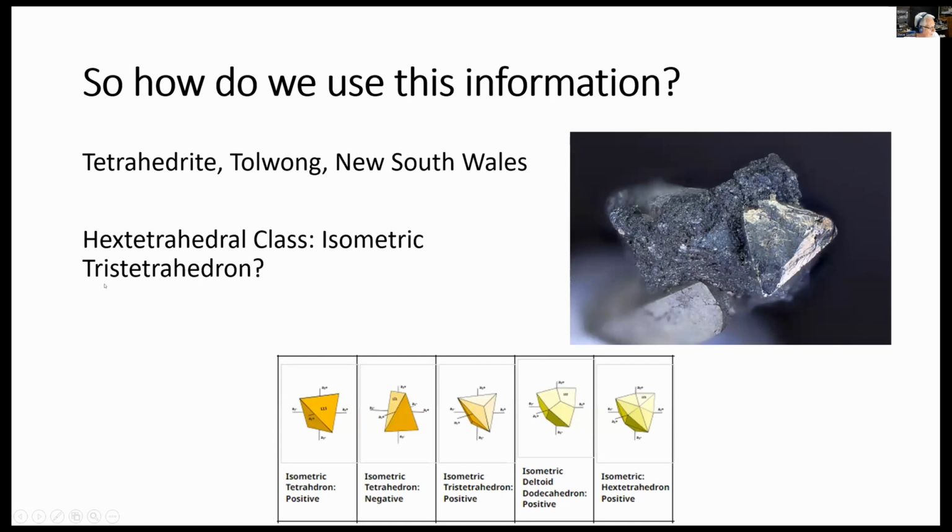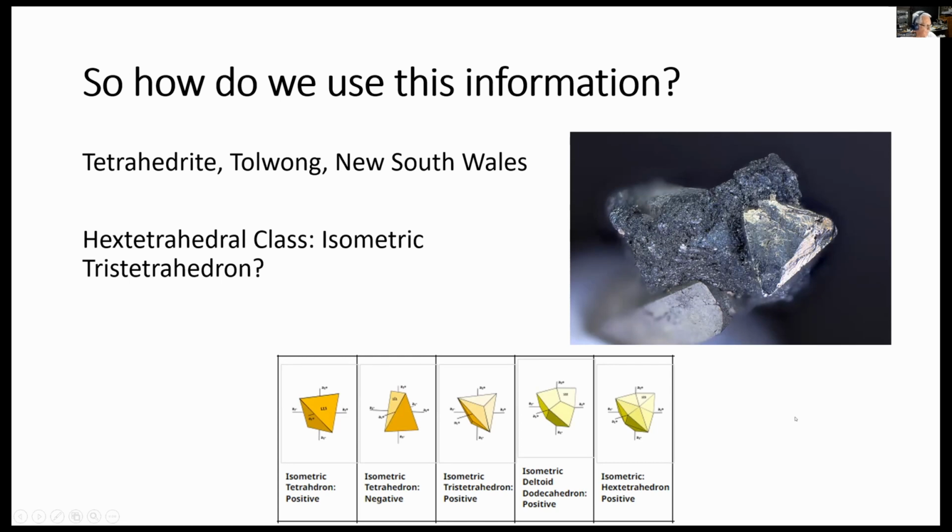I think this might be a trisoctahedron, which is this one, because you've got these additional faces. But again, are these faces here these ones, or are they modified from something else? Because you can get all of these combinations, it can be very difficult to pick which one it's going to be.